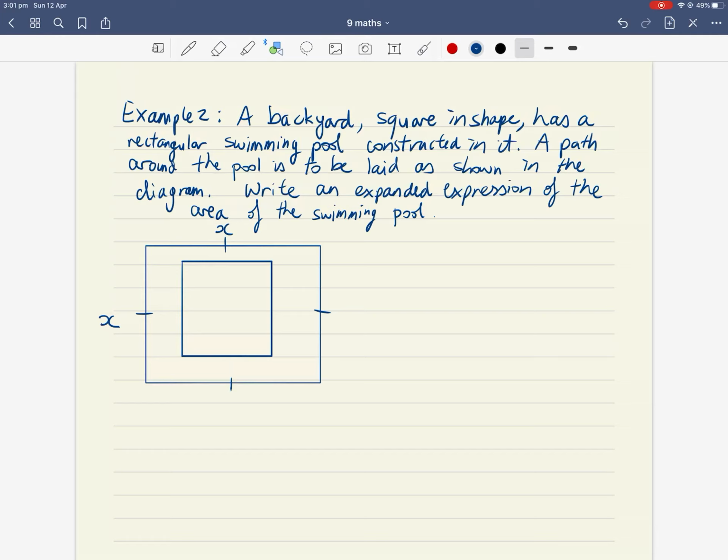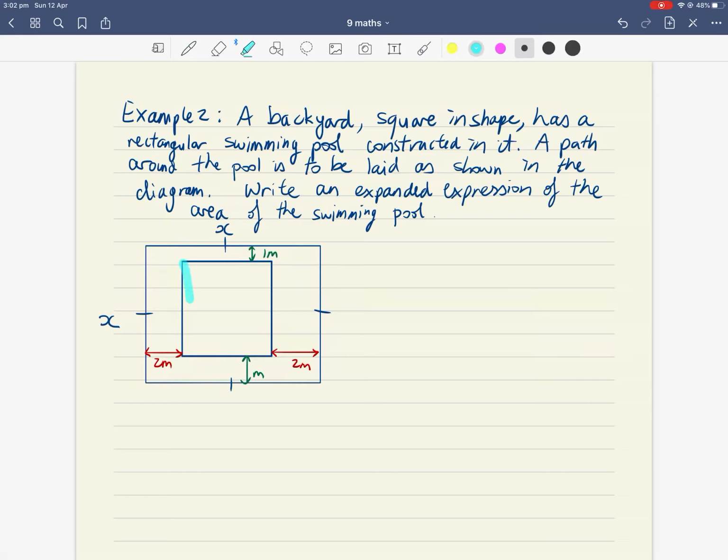There you go. The diagram has also indicated that these distances here, so that distance there is 2 meters. So there's a pathway around 2 meters that way, and then there's also a pathway here which is 1 meter thick.